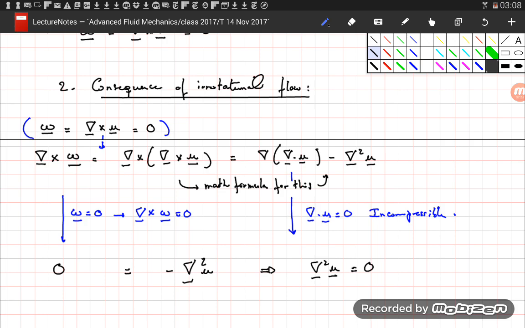So in particular, if the Laplacian of u is equal to 0, then the viscous term, which is mu times the Laplacian of u, is equal to 0.